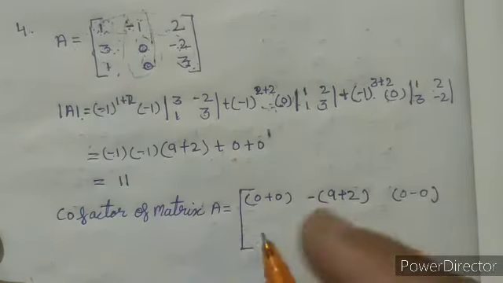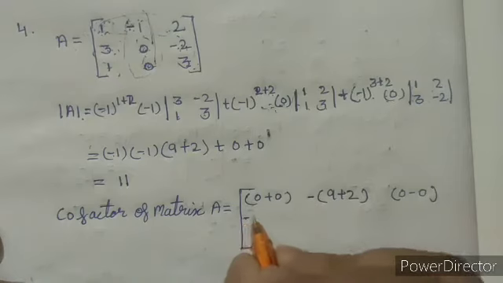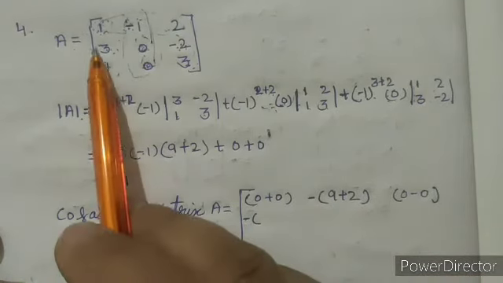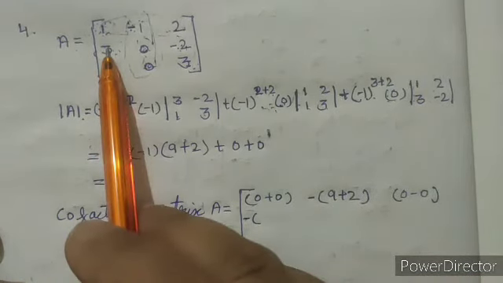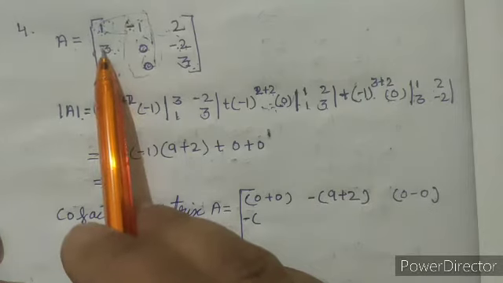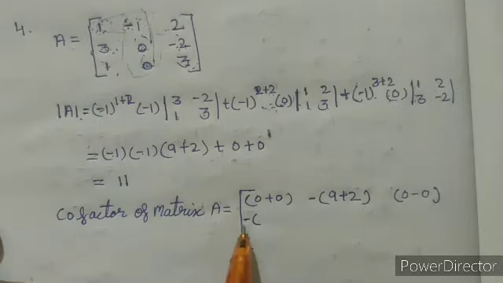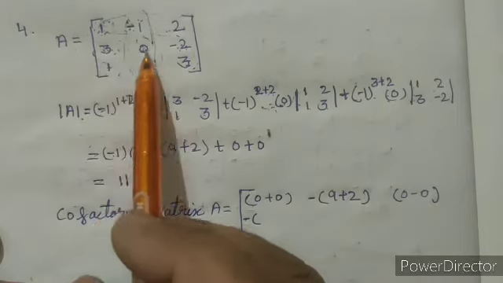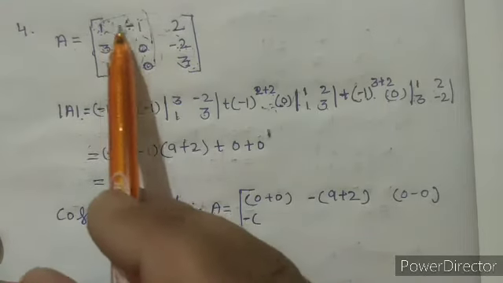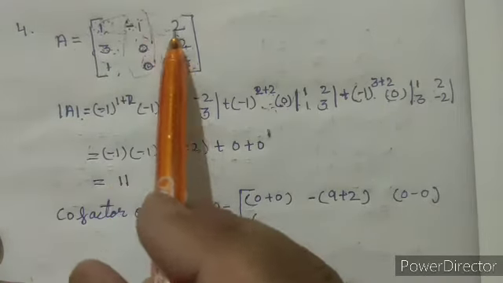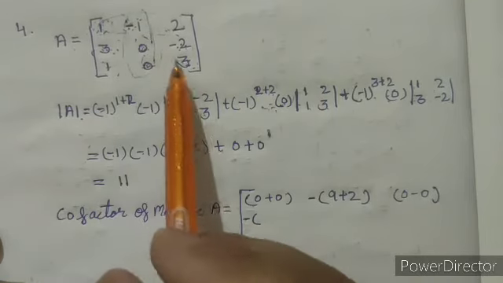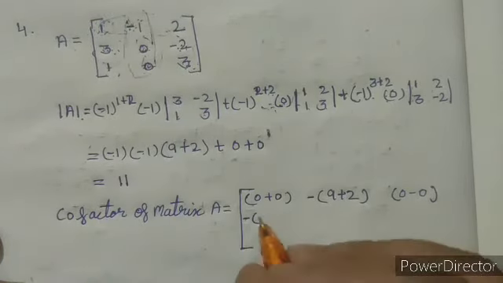Now similarly we can proceed to find the cofactors of the elements of the second row. Now the cofactor of 3, this first element of the second row, minus 1 raised to power 2 plus 1 will give us the negative sign, and on eliminating its row and column we get the determinant of minus 1 2 0 3, and that will give us minus 3 minus 0.